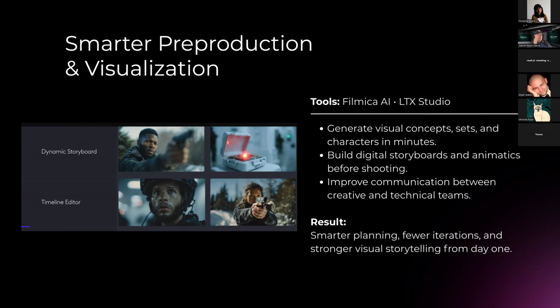So you will have a script, and Filmica AI will analyze the script, and then it will propose very precisely how you should handle your catalog. It will create an actual breakdown and a catalog that you can export to Excel or any other tool, and of course even a budget.